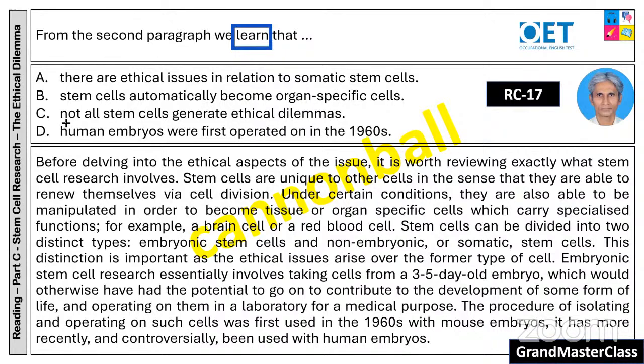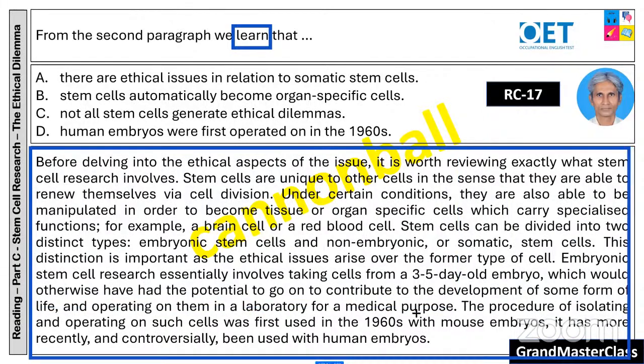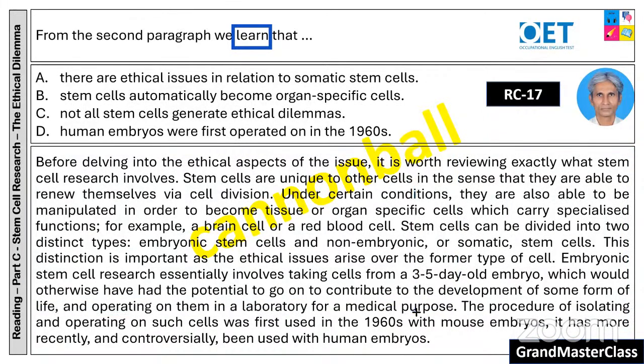Now let me explain. Because I'm your teacher, I'll give you a different style. We don't need to think about all these things now. First, let us go to the options. Why should we waste our time? If you go here, there are ethical issues, which we already know.